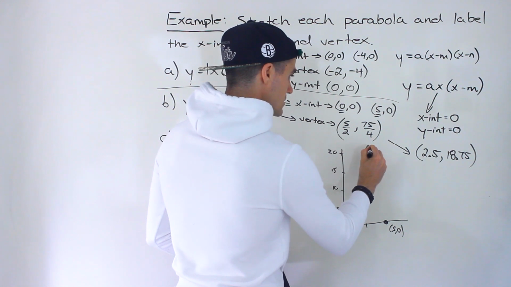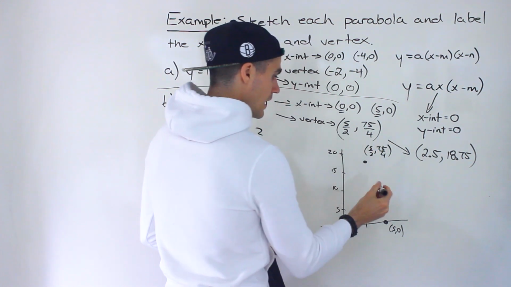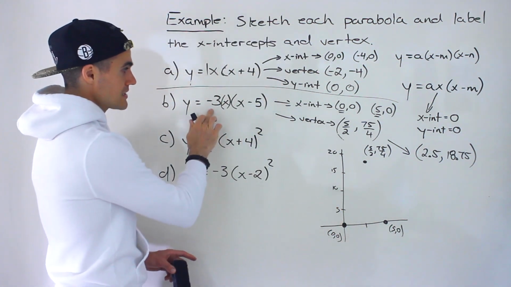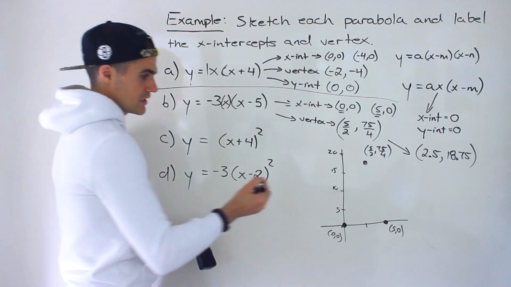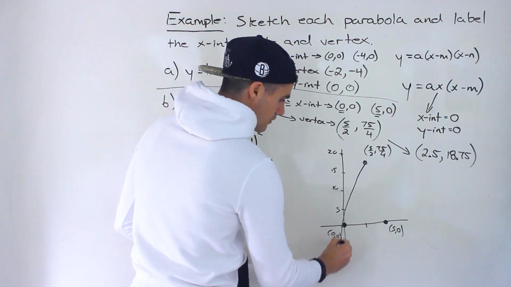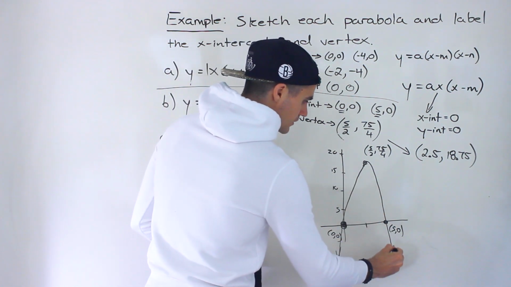So this vertex is 5/2, 75/4, like that. And it's opening down, right? And that makes sense because the a value is negative. And so just connecting these points here, we'll have that going through there, and then that going through there.